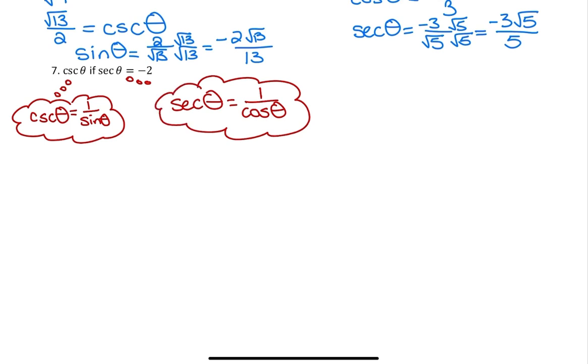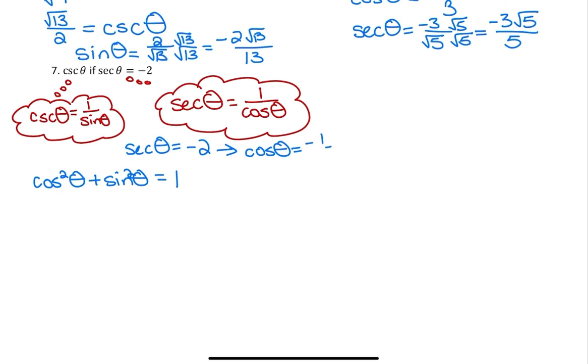And if I keep those in my head, I can use the identity cosine squared theta plus sine squared theta equals 1 to relate these. Secant is 1 over cosine, so if secant of theta is equal to negative 2, that would mean that cosine of theta would have to be equal to negative 1 over 2, the reciprocal of that.